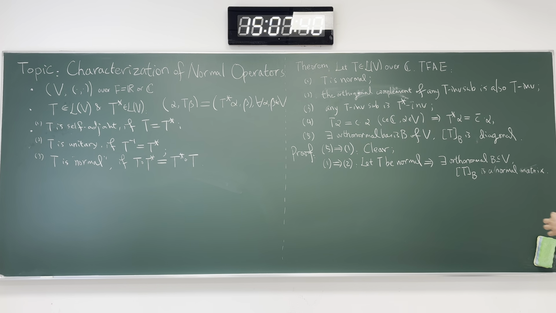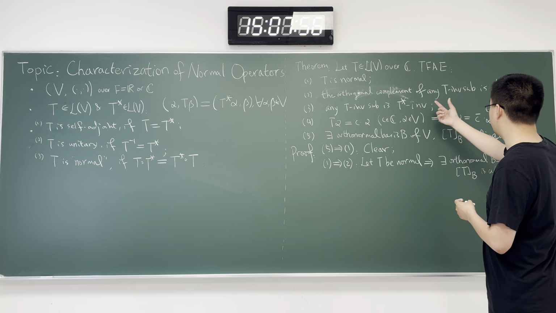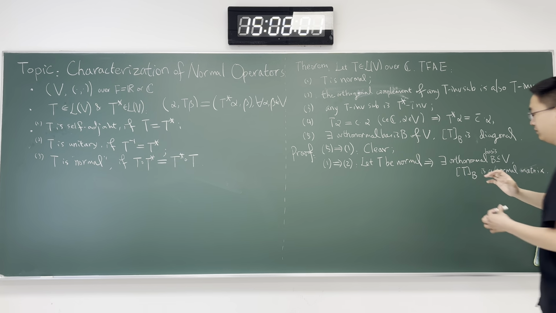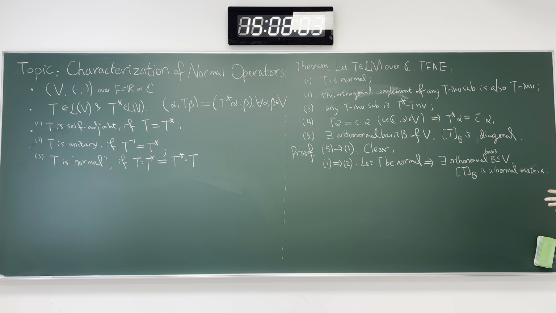Now we are going to consider any T invariant subspace. We can take this orthonormal basis B as follows. We take the first k orthonormal vectors as an orthonormal basis of this T invariant subspace W, and then extend it to a complete basis of the whole space. Then under this specially chosen basis, our matrix representation will be of block upper triangular form.